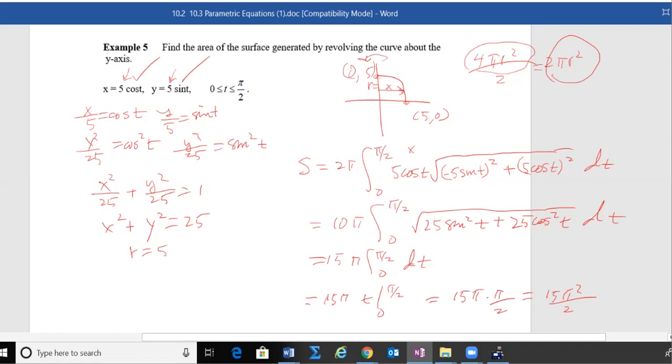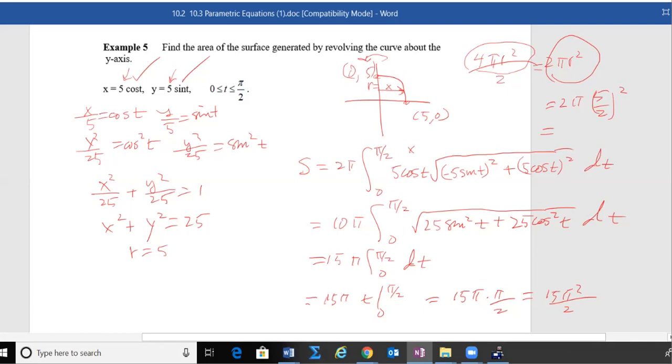This circle has radius 5, so it would be 2 times pi times 2.5. In fact, let's write that as 5 over 2, and I'll square that.